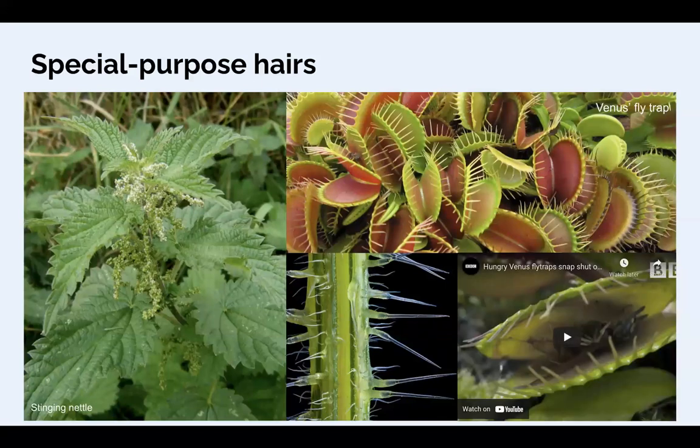Some of them you might be familiar with as more extreme cases of hair modifications. So the stinging nettle plant. This is the plant, and this is what its hairs look like down in the bottom center. They're basically like little glass hypodermic needles. So they're stiff and sharp, and they're hollow on the inside, except that they have a liquid toxin in there, formic acid.